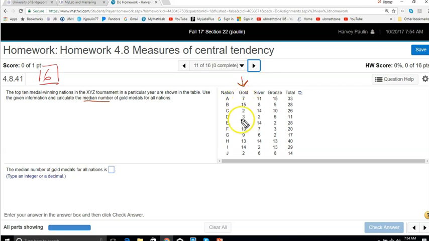Now, since they don't have it listed in order, our first task over here somewhere in your notebook is to list these in numerical order from lowest to highest. And there are, I guess, let's see, 2, 4, 6, 8, 10. So let's take a moment to do that.